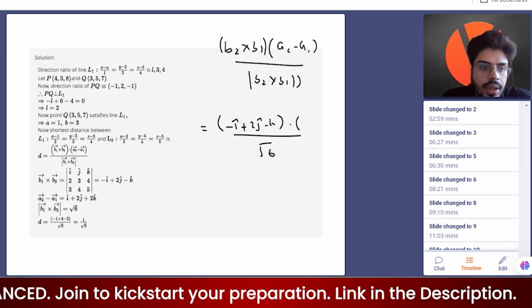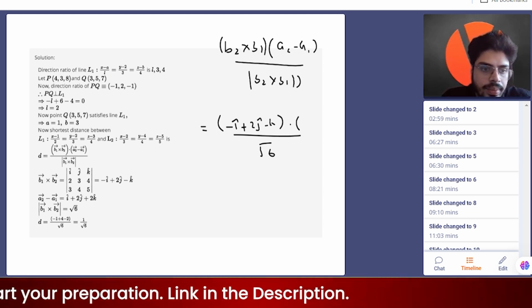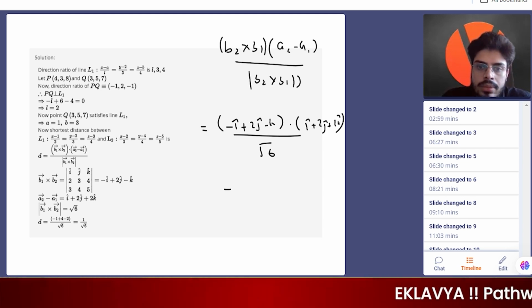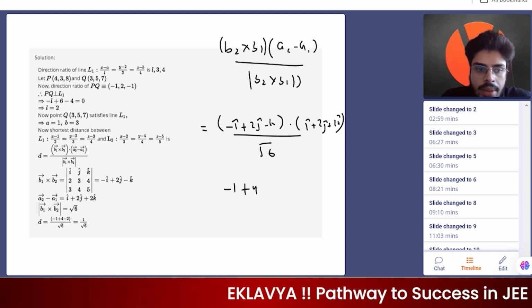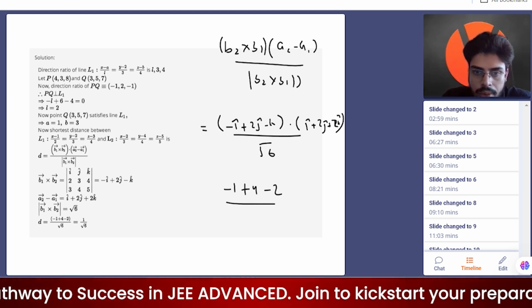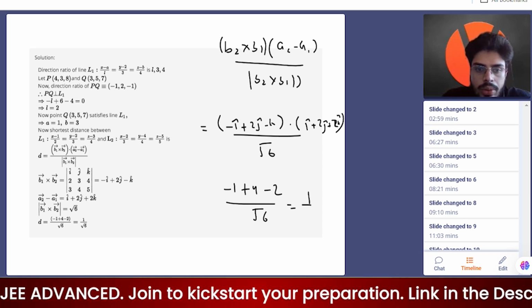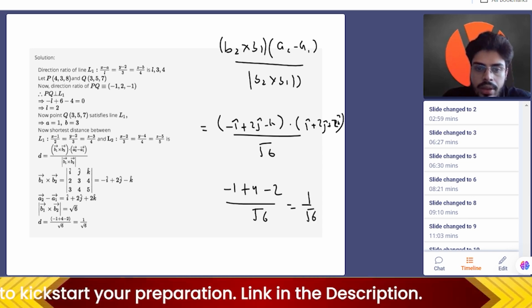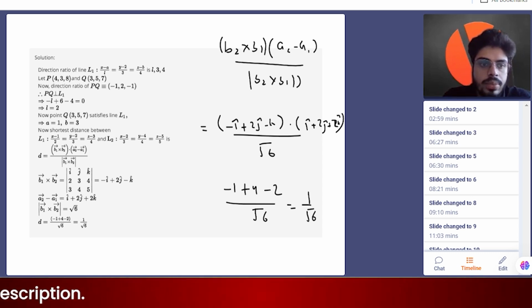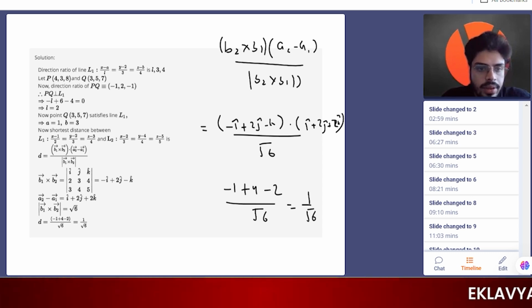So you will get i cap plus 2 j cap plus 2 k cap. Now you can dot: minus 1 plus 4 minus 2, upon root 6. So you will get 1 by root 6. The distance is again positive, so 1 by root 6 is all good.